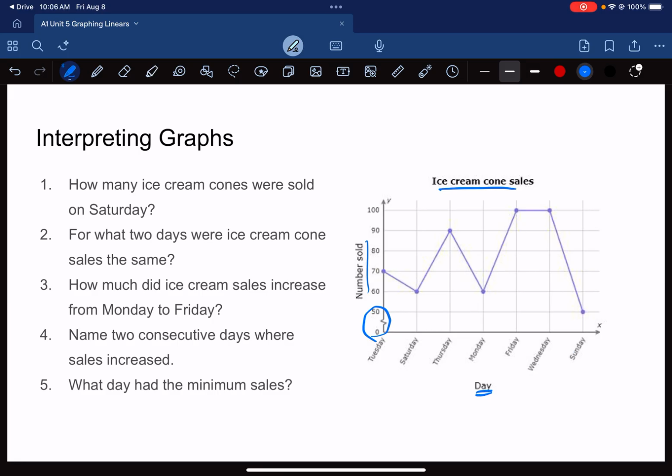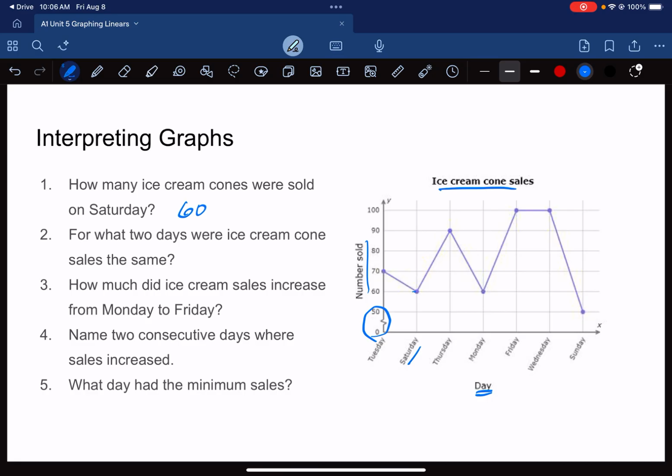So how many ice cream cones were sold on Saturday? So here's Saturday, and it looks like if I move up the graph, I'm going to end up at 60 right there. For what 2 days were ice cream cone sales the same? Well, I think there's a couple of answers to that.